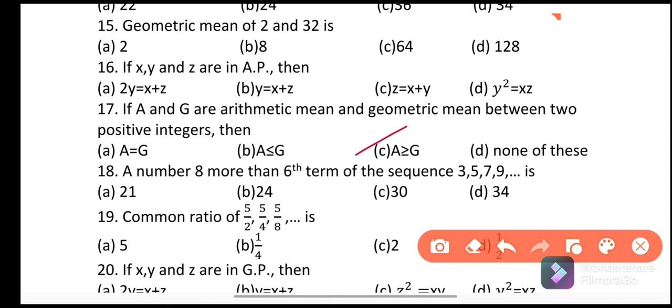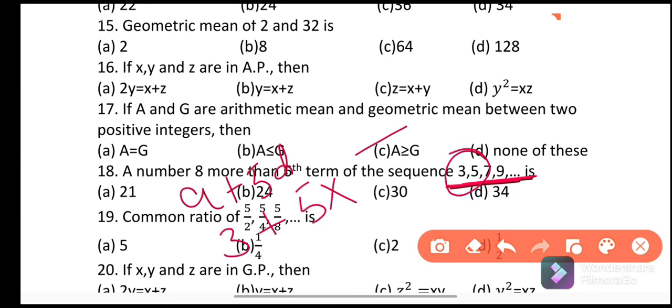Next, a number 8 more than the 6th term of the sequence. First of all, the 6th term of this sequence is equal to a plus 5d. a is 3, plus 5 multiplied by d, the common difference, which is equal to 2.